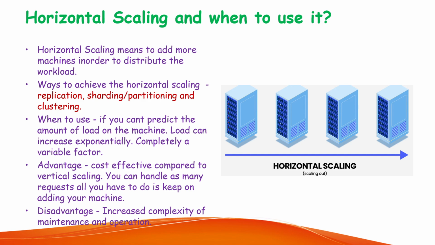Someone is responsible for the core town, someone is responsible for the outskirts, someone is responsible for the shopping center, etc. So the workload gets divided. Hence, the biggest advantage you get in horizontal scaling is that the amount of requests you can handle could be any amount.